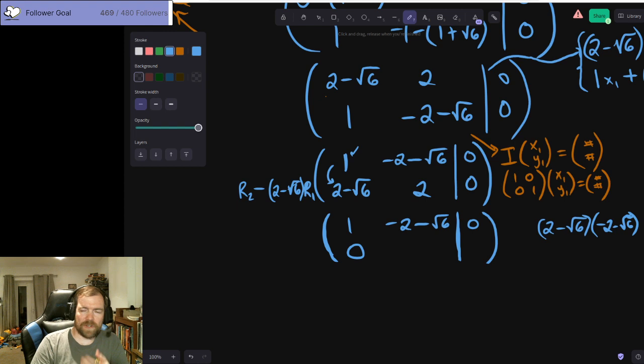Right, we may not actually notice too much, but this is just the difference of squares. In this case, it's the first thing that ends up switching its sign rather than the second, but whatever, it's the same thing. So the difference of squares here is negative 4 and a positive 6, and then the cross terms are going to add up to 0.